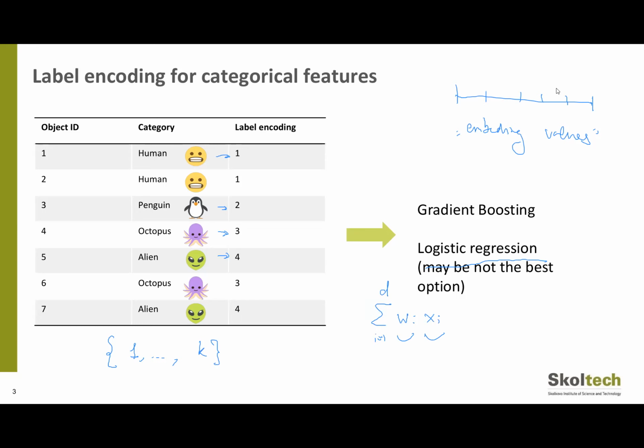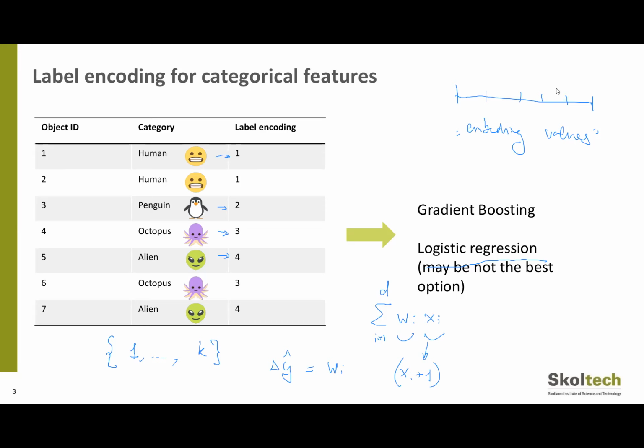And even if they were ordered, we still don't believe that increasing x_i by 1 changes the output by exactly w_i. That sounds unnatural for most types of categories.